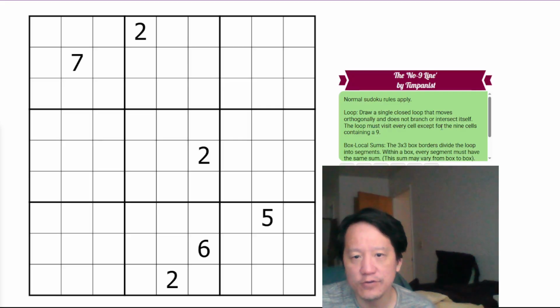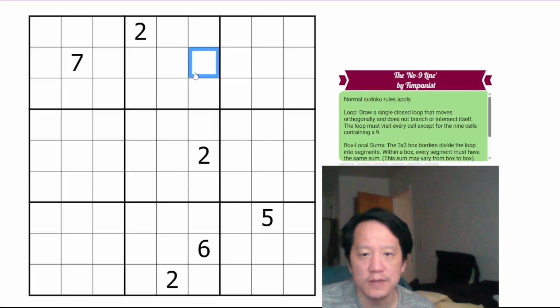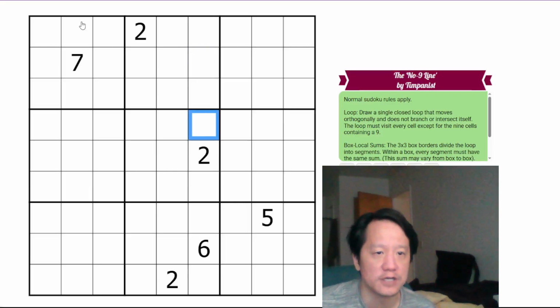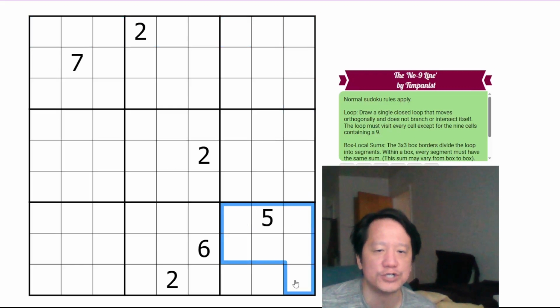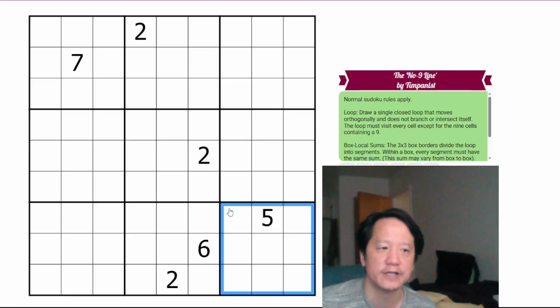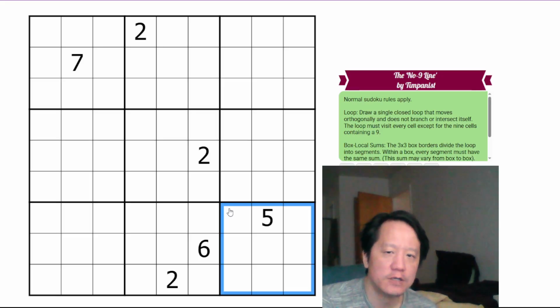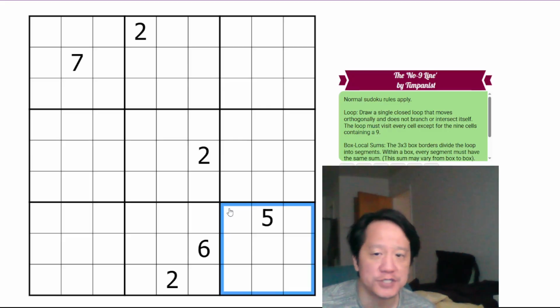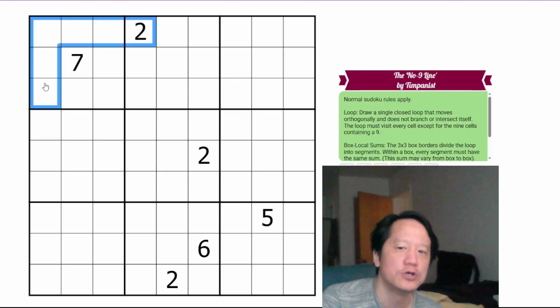Normal Sudoku rules apply, which means in every cell in the grid, place a single digit such that every row, column, and designated 9-cell region contains the digits 1 through 9 exactly once each. We need to draw a single closed loop that moves orthogonally and does not branch or intersect itself.